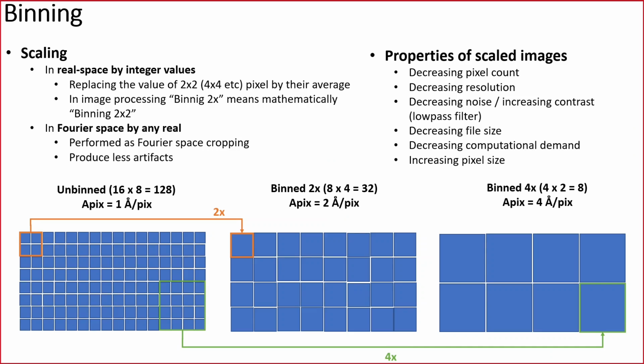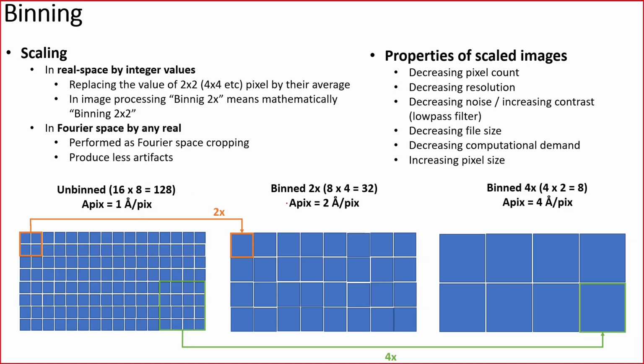And another thing is there's an optional thing of binning. Binning is a kind of scaling, in real space or Fourier space. In real space, it's very easily describable, like replacing a value of 2 by 2 pixels into a single pixel.